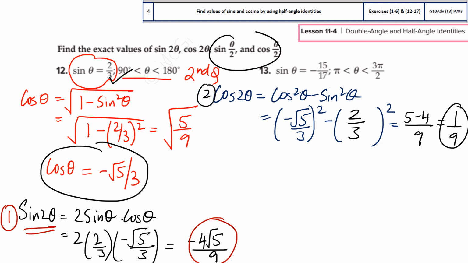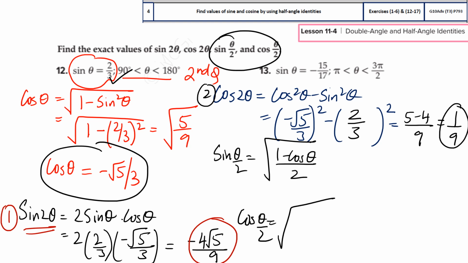We're just left with half angle. Let's do them also. So sine theta by 2 I do here, cos theta by 2 I do here. So 1 minus cos theta over 2, 1 plus cos theta over 2. So just simplify it a little bit more so that we can get the correct value while we do the rationalization.